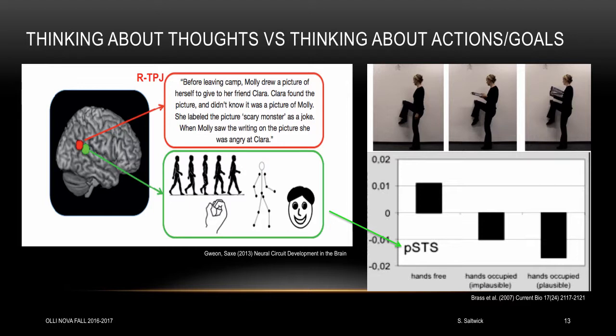This area in green in your brain subjects the analysis of movement to a normative comparison. When it's plausible that you're using your knee, in this example, to call an elevator, because your hands are full, the area is not activated. However, when it's unusual, when there's nothing in your hands and you're using your knee to call an elevator, which is a highly unusual act, then this area becomes active.